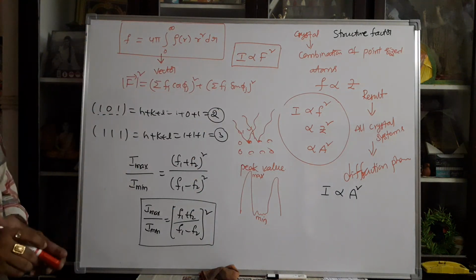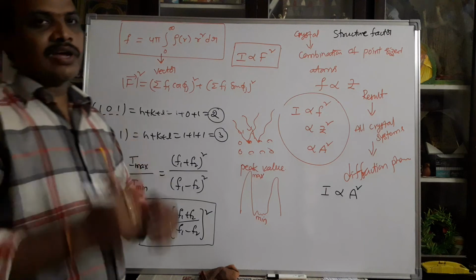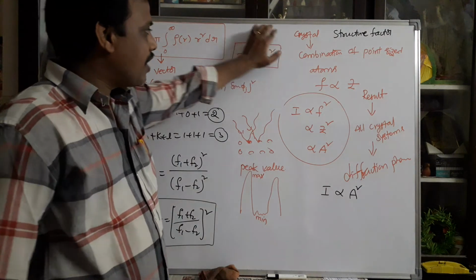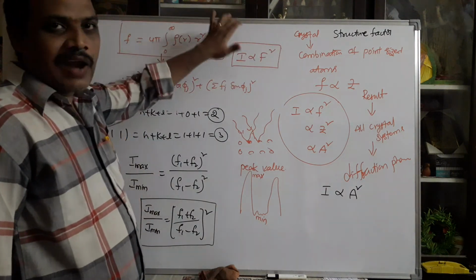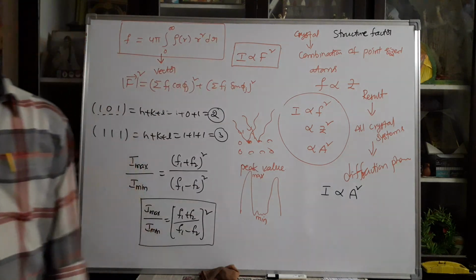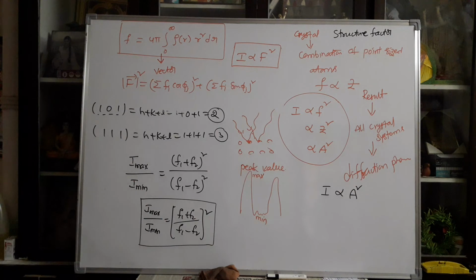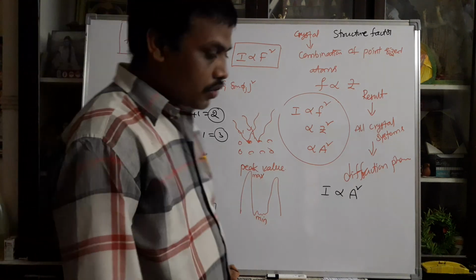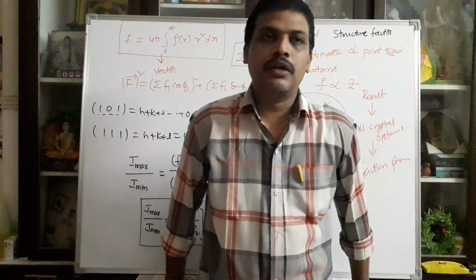Once the form factor value is calculated, you take its square, and the square of the form factor value indicates the diffracted X-ray values. In this way, you can calculate the form factor.